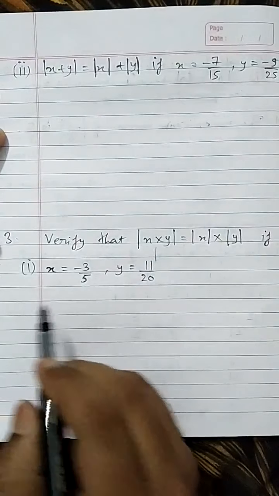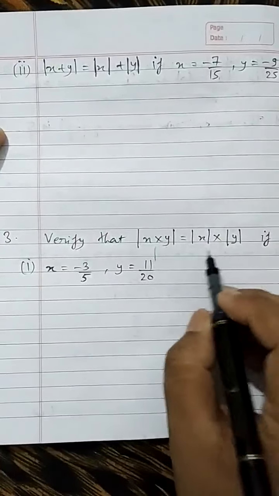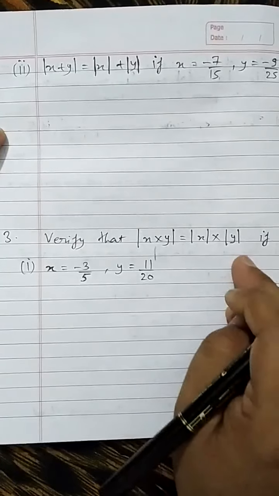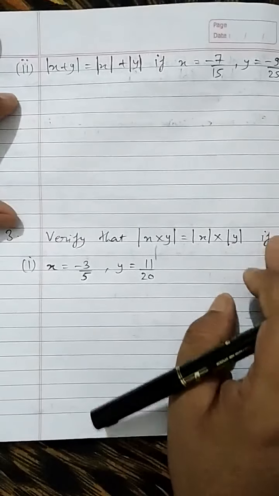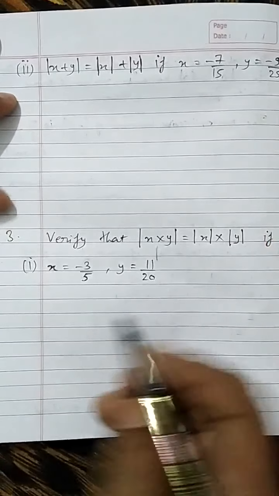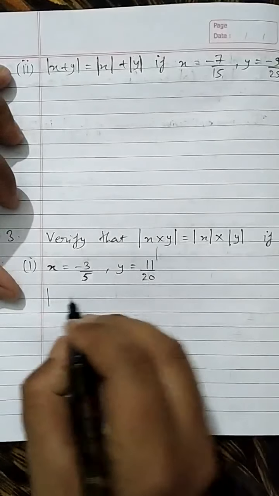Next, third question is verify that the product of x and y inside the absolute value is equal to the product of the two rational numbers given in separate absolute signs, if the x and y values are given. So we'll put the values of x multiplied by y first.